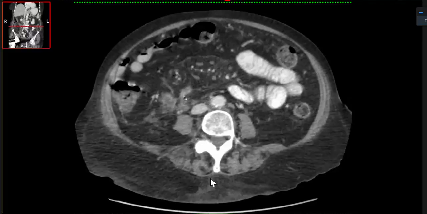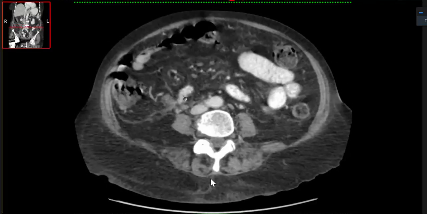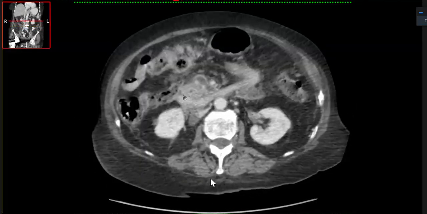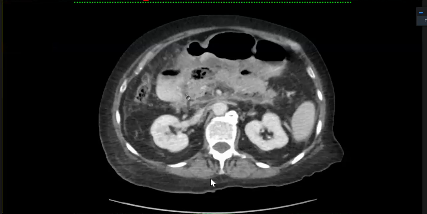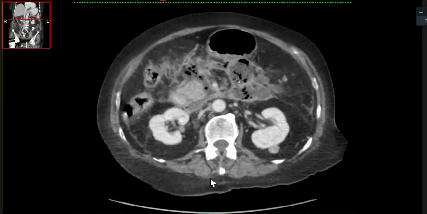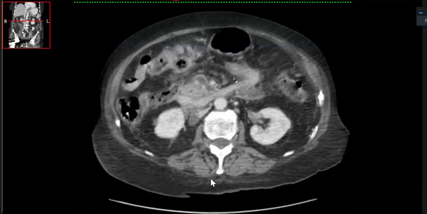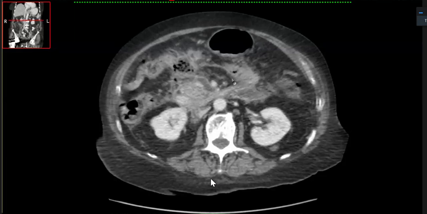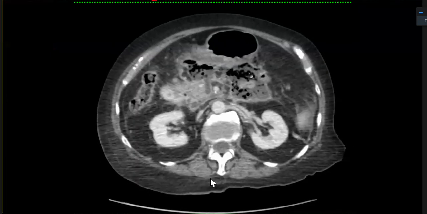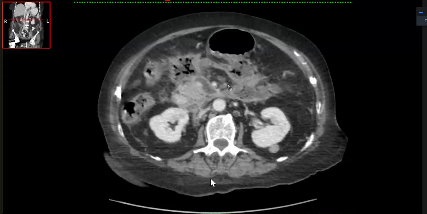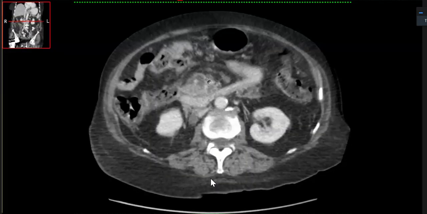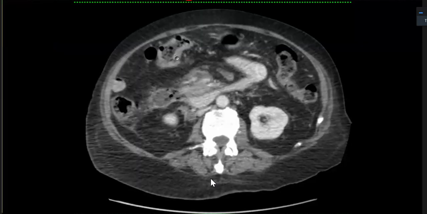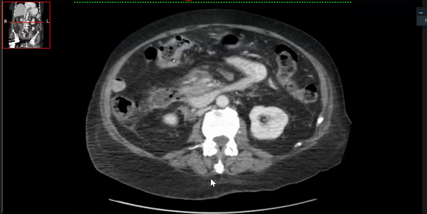So it just ends here blindly. Now, if you had picked it up, then I would have asked this question: we have seen that there is a lesser sac abscess. We have also seen that this abscess is communicating with the colon.